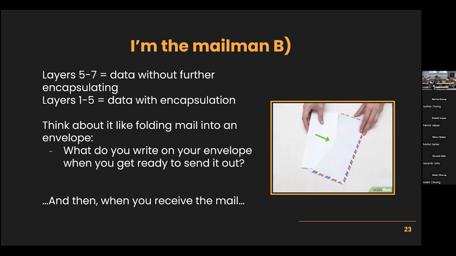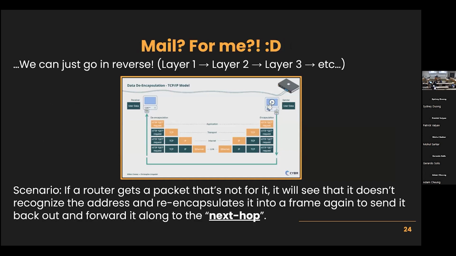And that's when it gets ready to go over the wire, essentially, to its destination. When we receive the mail, we can go in reverse, essentially. As the data gets forwarded to its destination, it'll slowly start to peel off the layers of the outer envelope to check if the receiver recognizes the address inside the envelope until it eventually reaches the destination.